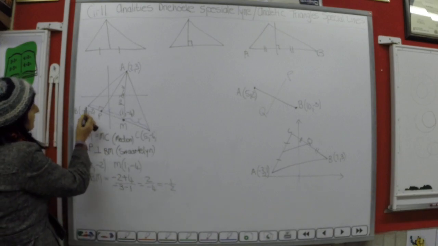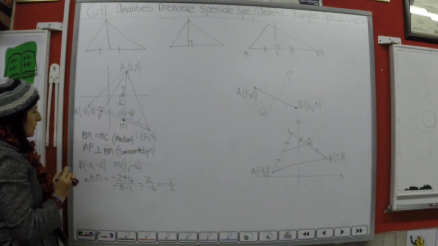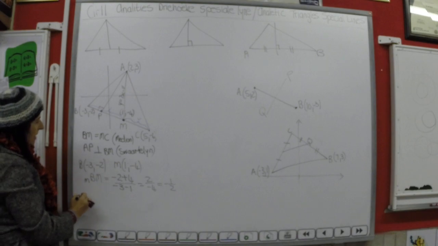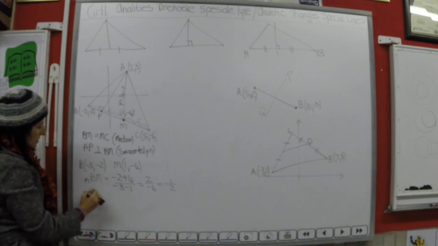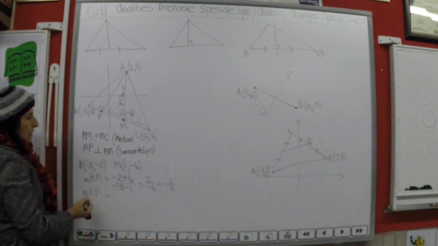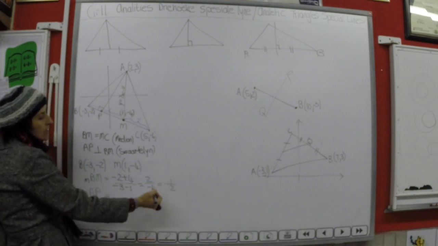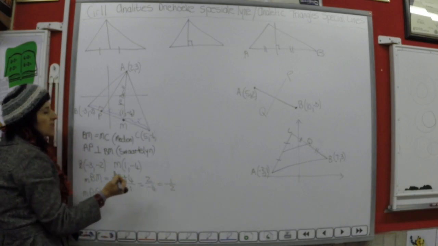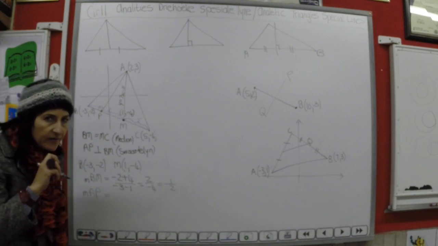So die gradient van BN is minus a half. So as ek die gradient nou van AP soek, dan weet ek, the gradient of AP multiply with the gradient of BN must give me minus 1. Dis leerwerk.